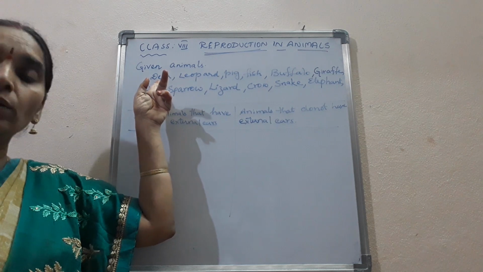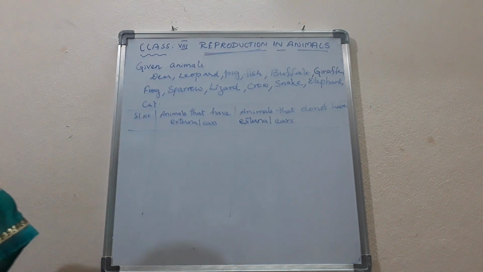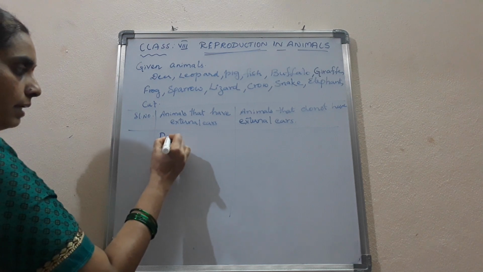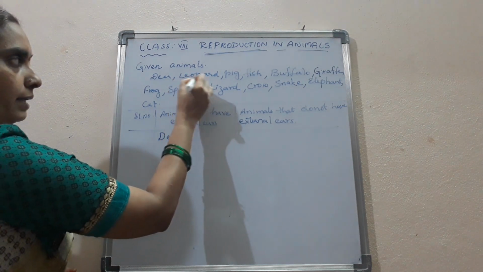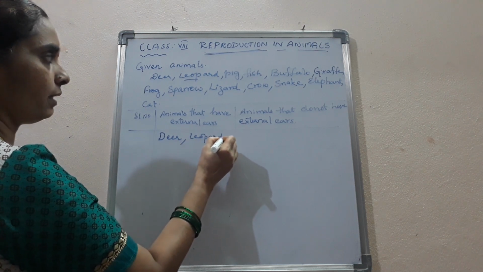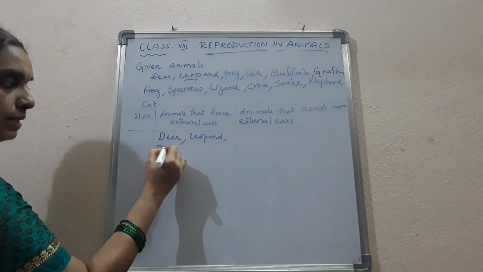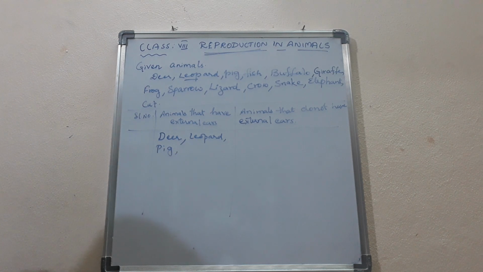Do you find hair on the deer? Yes. So you find hair on the deer, isn't it? First one, deer. Second one, leopard. Do you find? Yes. Leopard also has hair. Do you find hair on the pig? Yes. Pig also has hair on it.